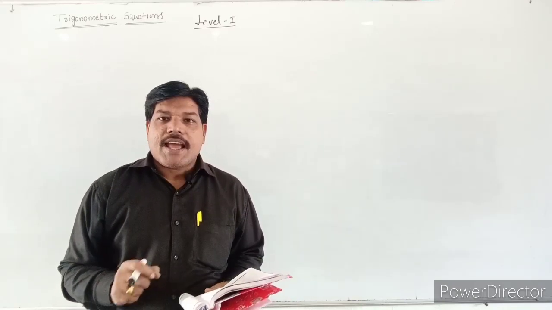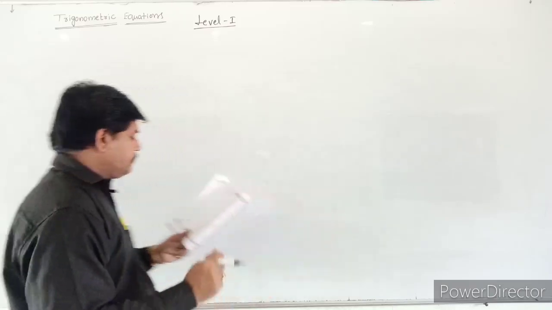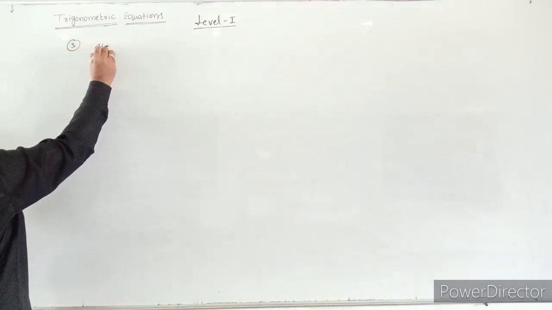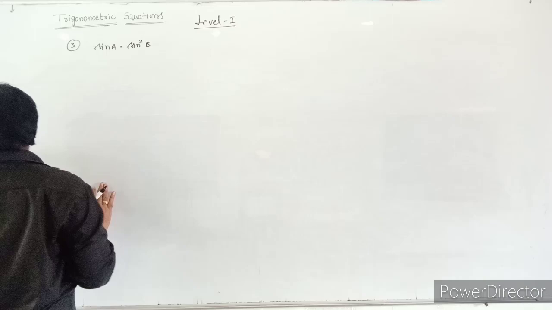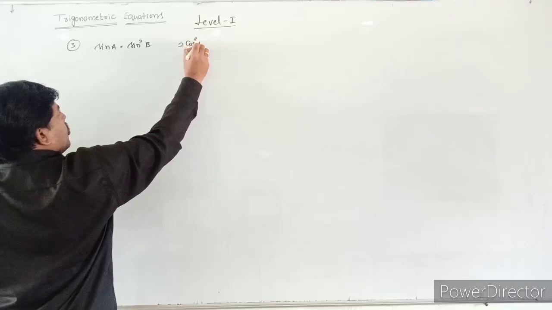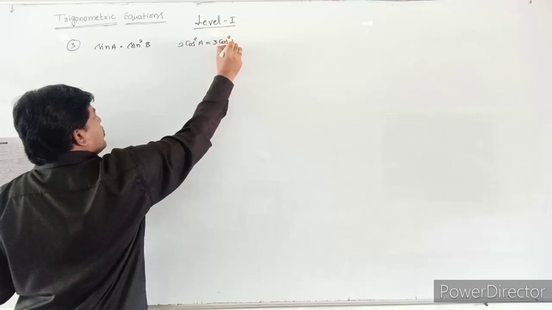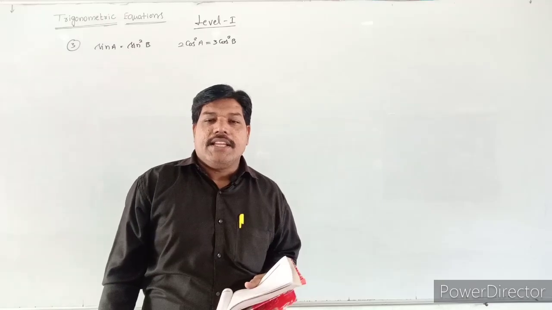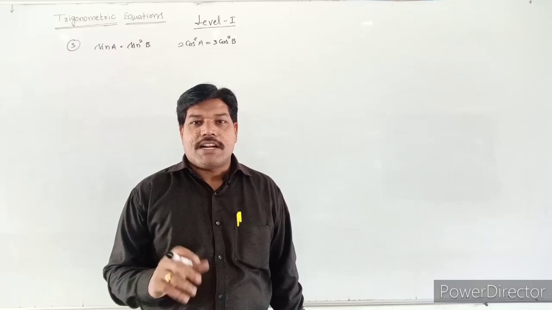If A and B are acute angles such that sin A is equal to sin square B and 2 cos square A is equal to 3 cos square B, then find the angle A. So see that question, students. What are the conditions they have given?